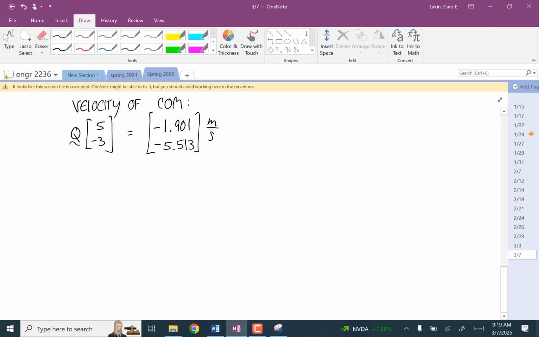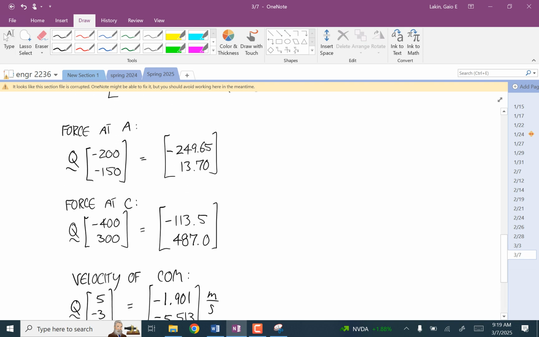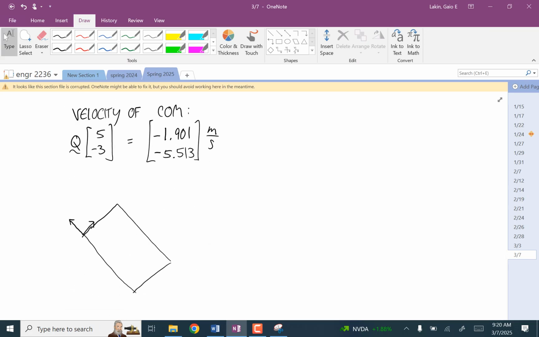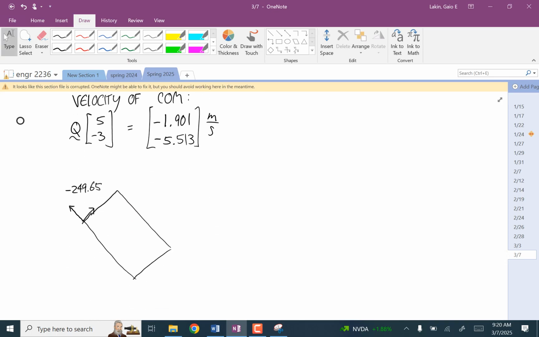All right, so our new setup is like this. I'll draw the free body diagram. So we have a force vector over here of negative 249.65, 13.70.